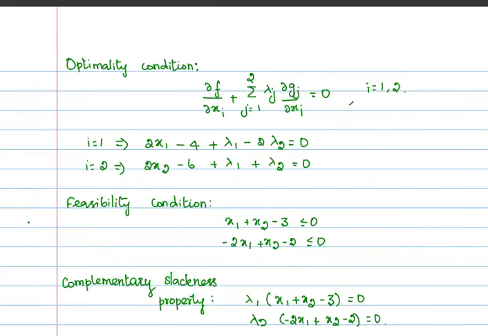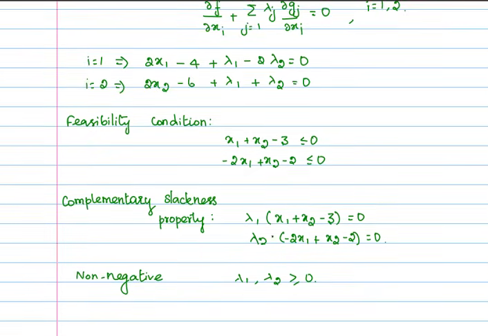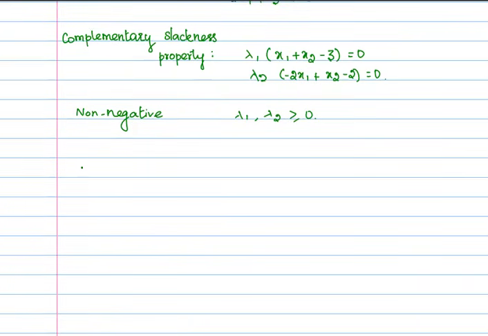Now I am going to find the solution. First of all, 4 cases will come from the complementary slackness property. Lambda 1 equal to 0 and lambda 2 equal to 0 we consider as case 1.